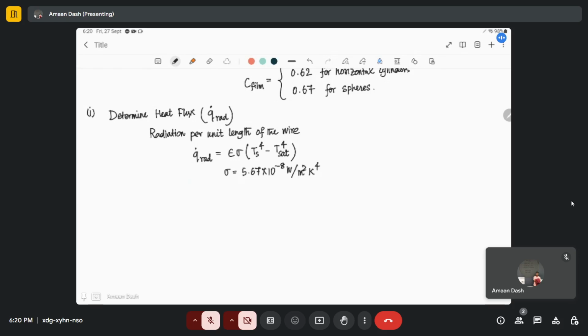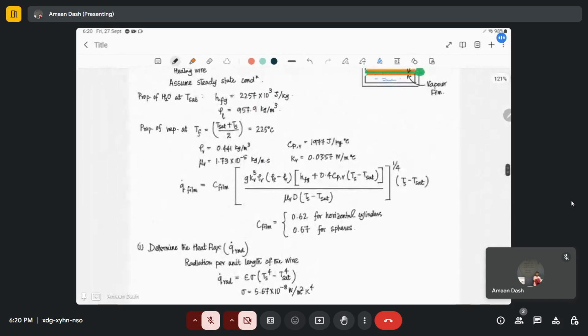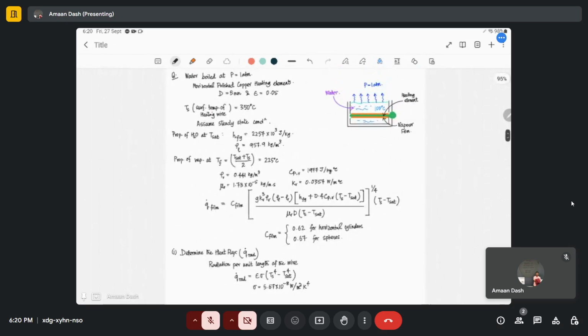So first you have to calculate this. You can see the entire question, so you can try and then we can discuss the solution.